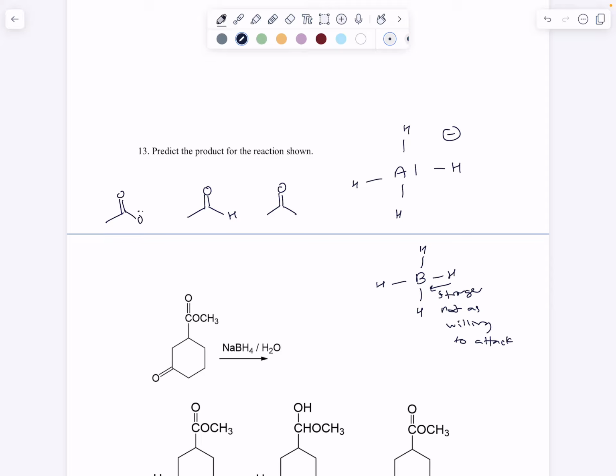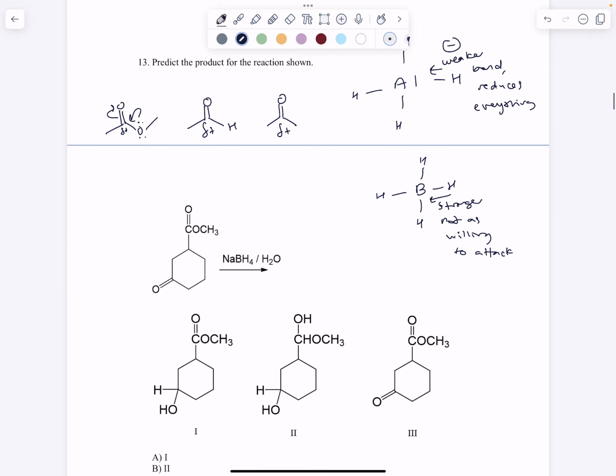Whereas something that has a lone pair right here has an additional resonance structure where this is not positive. So the partial positive on this is less big than the partial positive on this. So LAH and NaBH4 are different in which one they can attack. LAH, this is a weaker connection right here, so it can reduce everything. Whereas this is a stronger connection, so it's not as willing to attack.